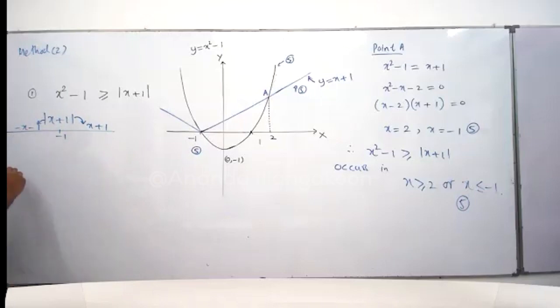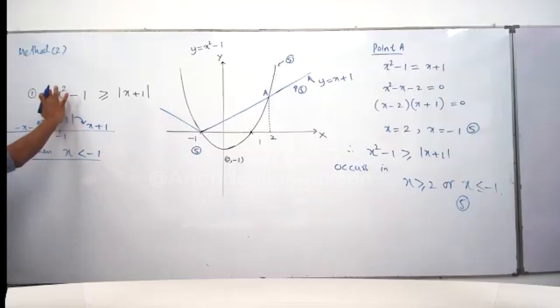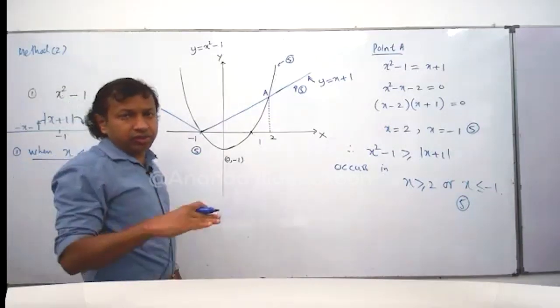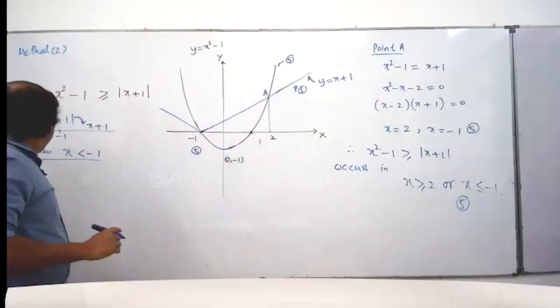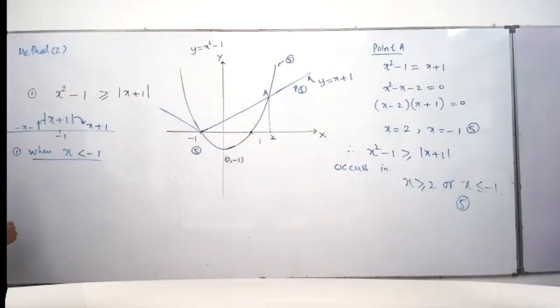Then first I take when x is less than minus 1, because this mod x plus 1 changes at minus 1. Then this question we have to work out in the intervals less than minus 1 and more than minus 1.